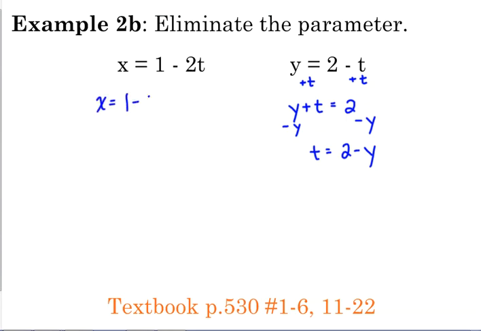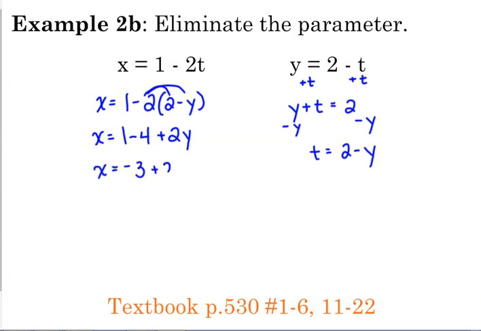So then we can plug that into our x function, plug in 2 minus y for t. Distribute the -2. -2 times 2 is -4. -2 times -y is positive 2y. So we've got x is equal to -3 plus 2y.